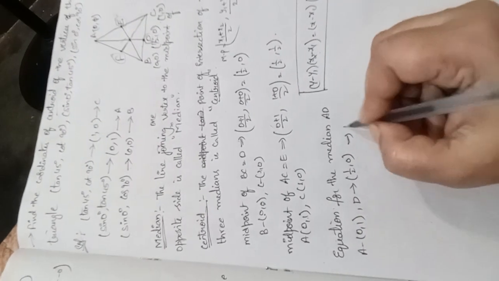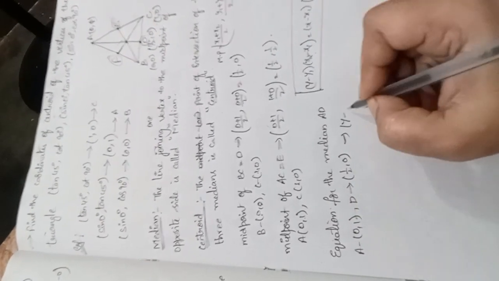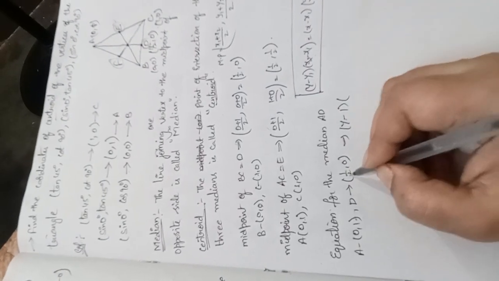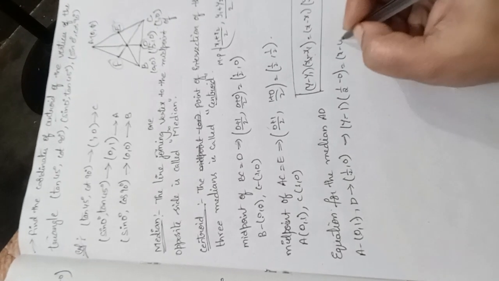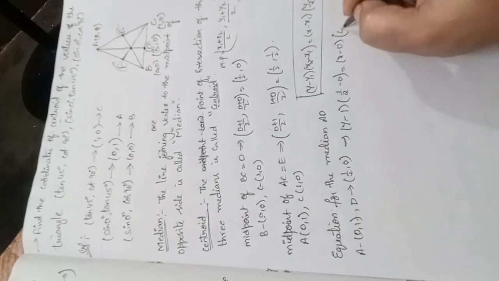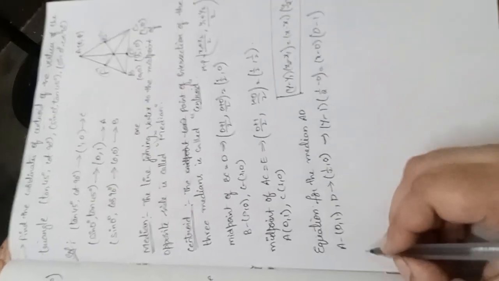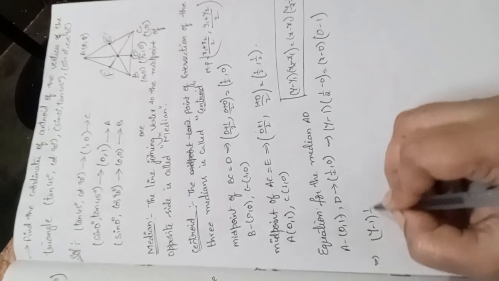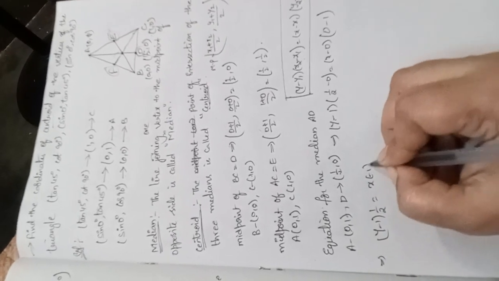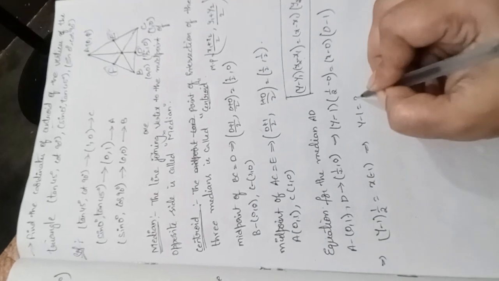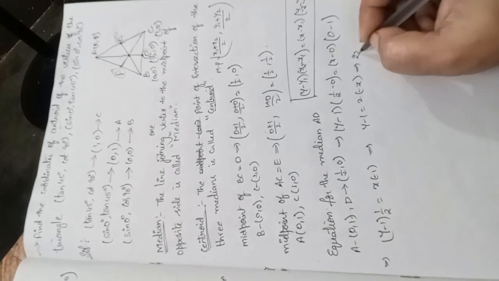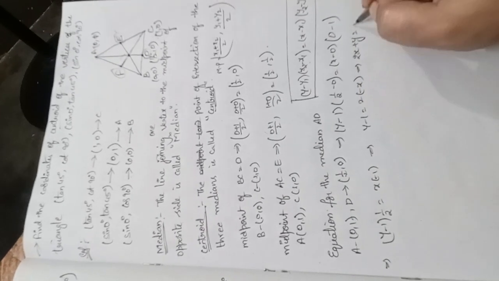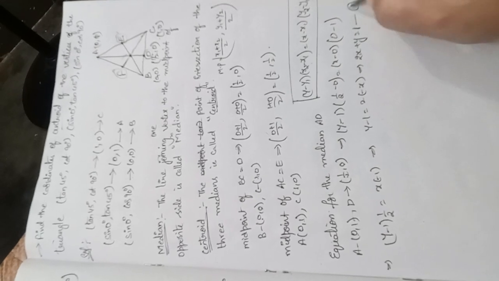Using the formula: (y minus 1) into (1 by 2 minus 0) equals (x minus 0) into (0 minus 1). So (y minus 1) into 1 by 2 equals x into minus 1, which implies y minus 1 equals 2 into minus x. Moving it to the other side, 2x plus y equals 1. This is equation 1.